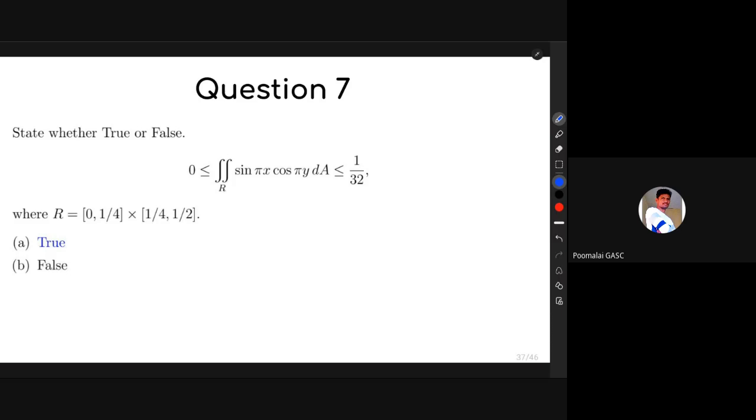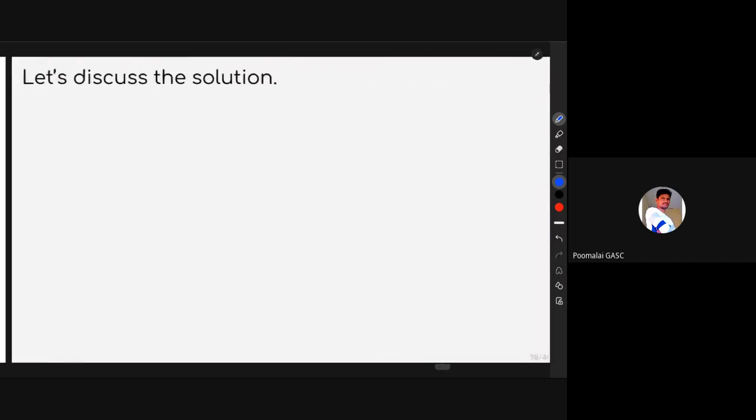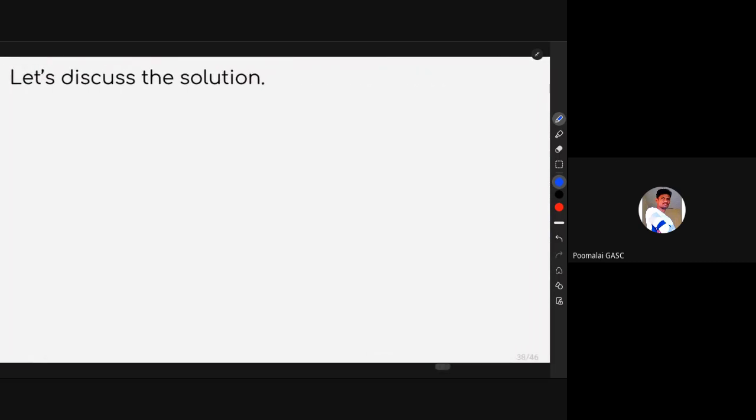So I think you guys have not solved this question. Let me discuss the solution with you. This is a double integral question. How do we deal with such questions? First of all, you have a double integral over a region, a two variable function, and there is dA. What is this dA? This dA is the infinitesimal area.